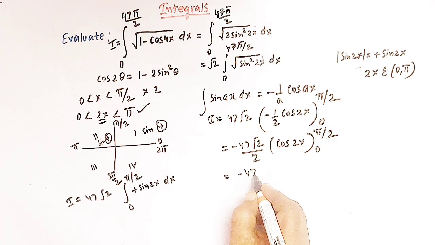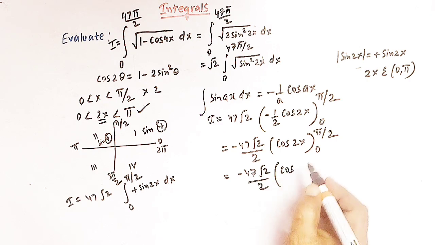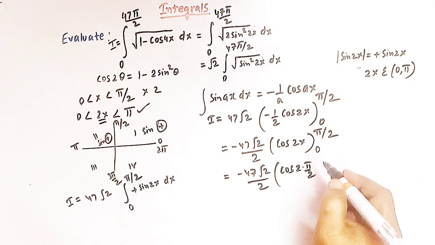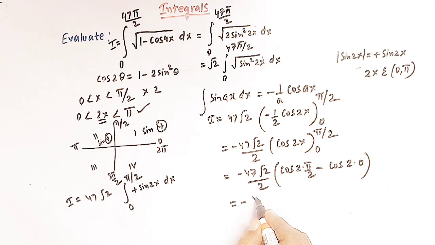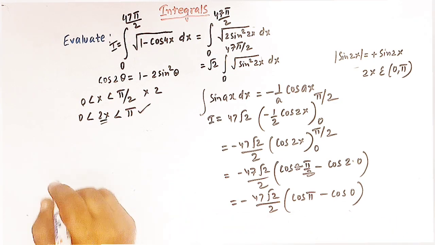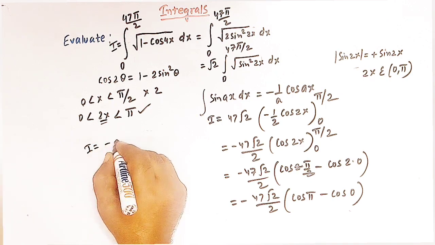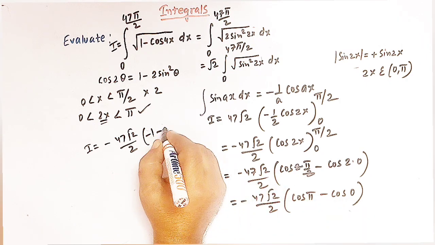Now substituting the limits and taking the difference, we have cos of 2 times pi by 2, that is pi, then minus cos of 2 times 0, and this is minus 47 root 2 over 2. This 2 and this 2 get cancelled, so we have cos pi minus cos of 0. Now cos pi is given by minus 1, and cos 0 is 1.